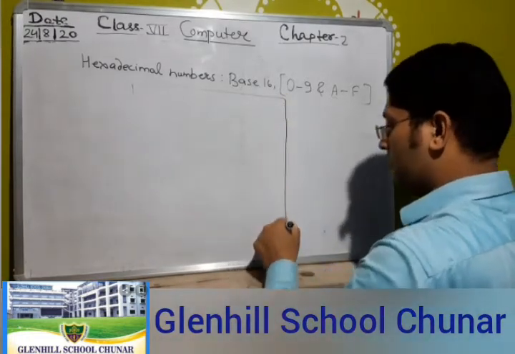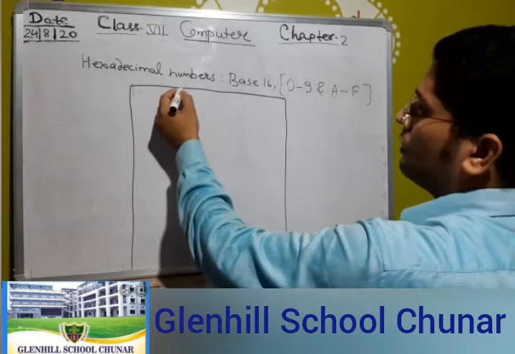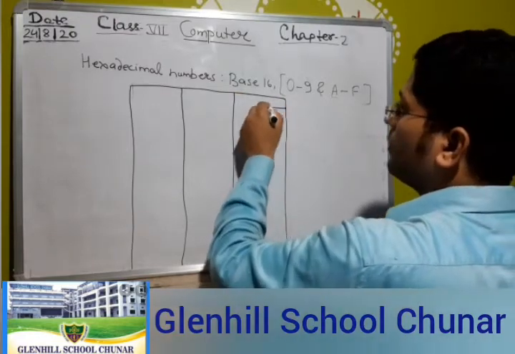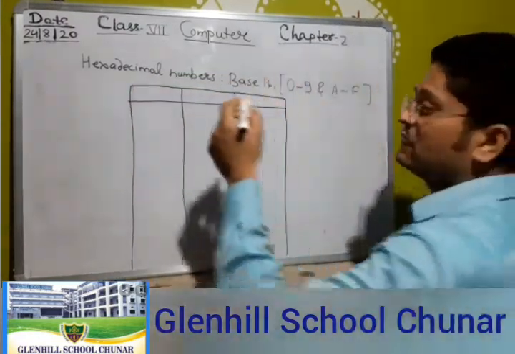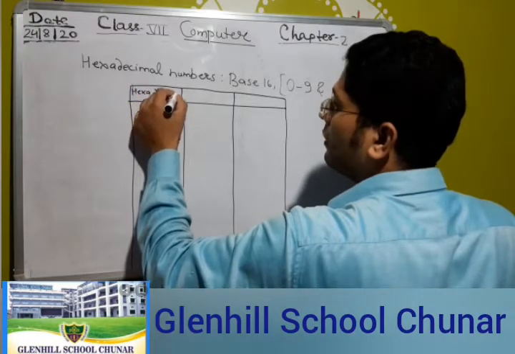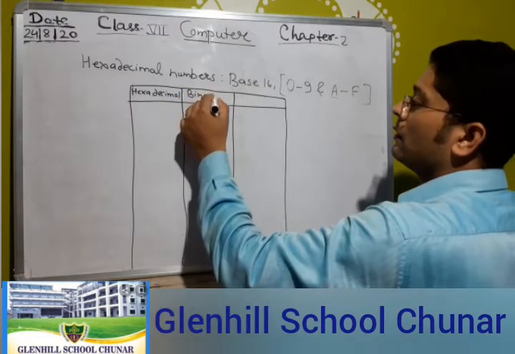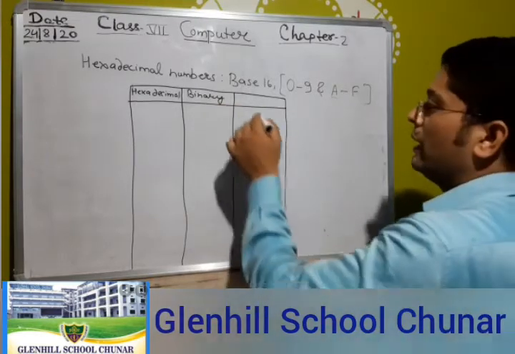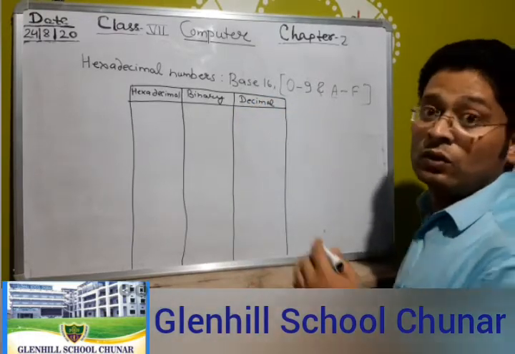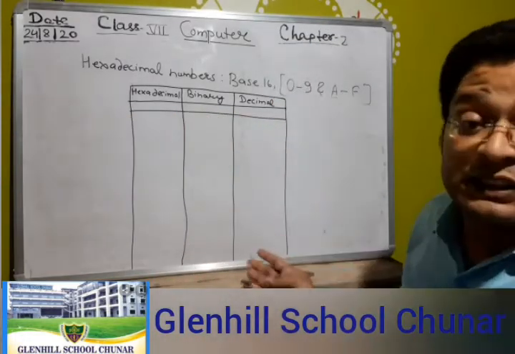Make 3 columns: first hexadecimal, second binary number, and third decimal. Since there are 16 digits, make 16 rows.